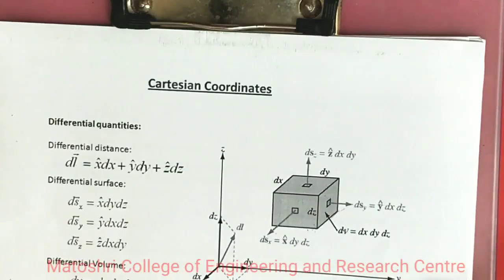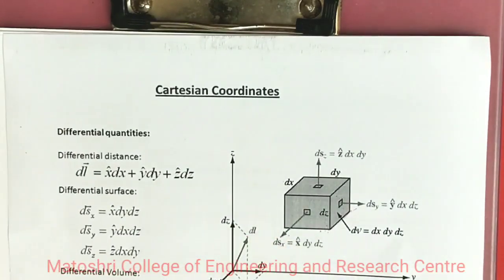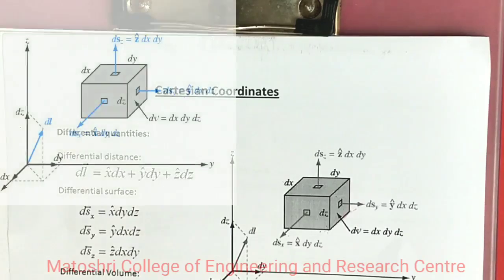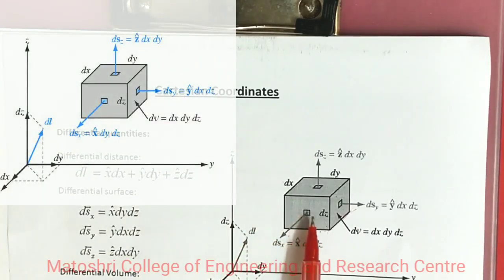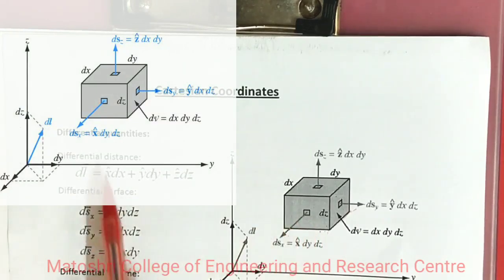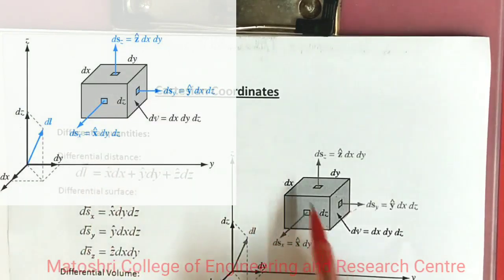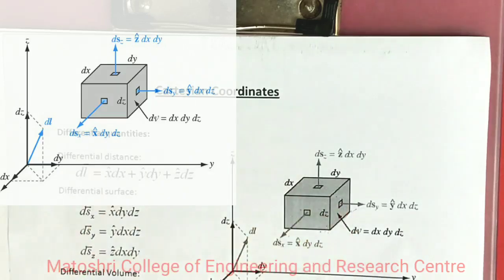For this differential volume, along one edge you are varying either the x axis, y axis or z axis, which means the variations are dx, dy or dz. If you are moving from one point to the diagonally opposite point, then we need to vary all three axes, that is x, y as well as z.